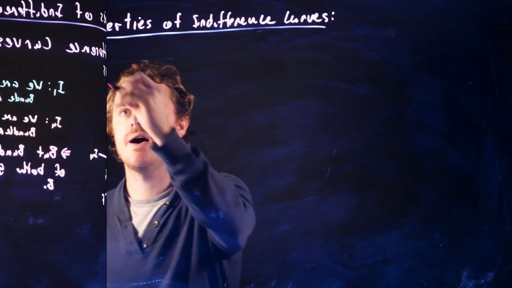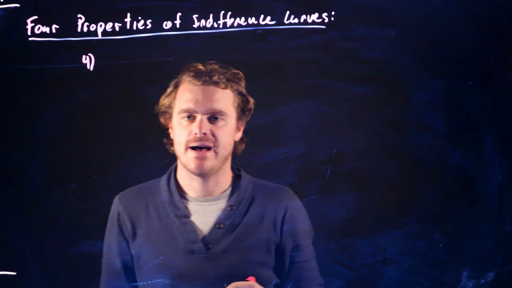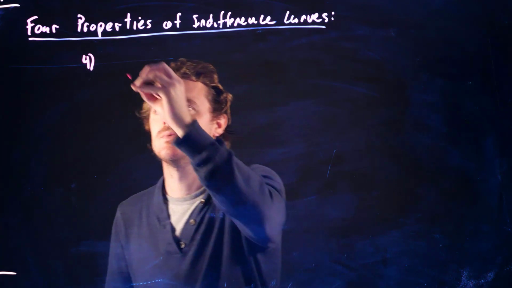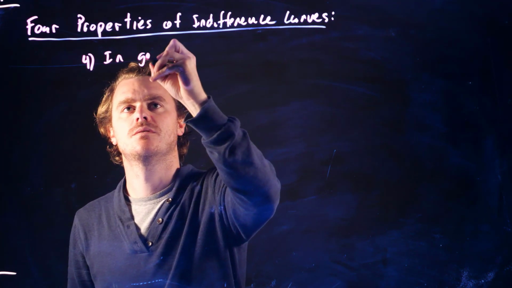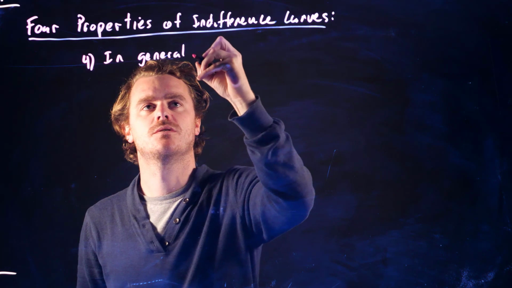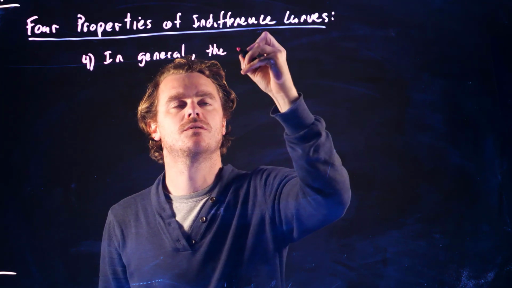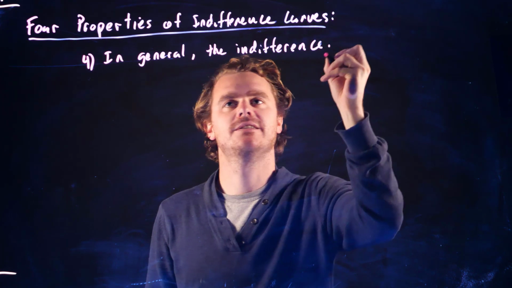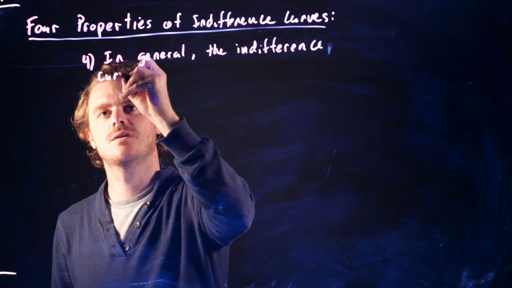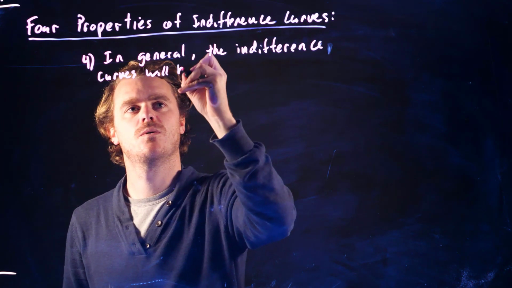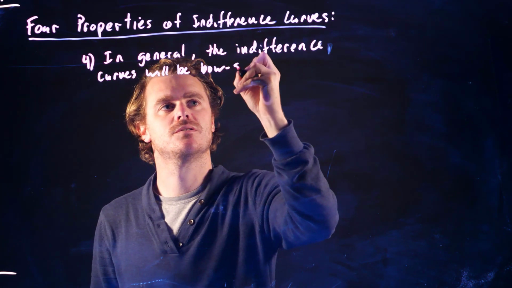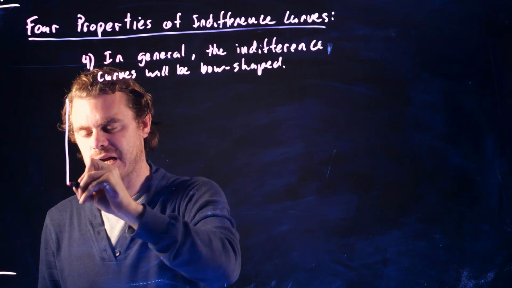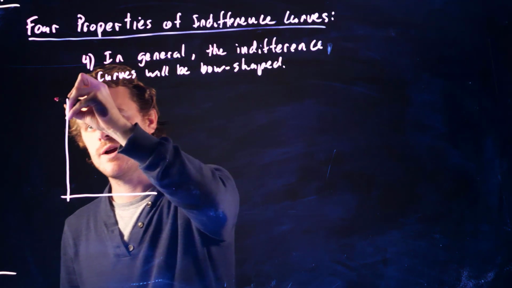So the fourth and final property that we're going to be looking at is the fact that, in general, indifference curves are going to be bow-shaped. And so let's draw it out and talk about what that means in terms of the trade-off.